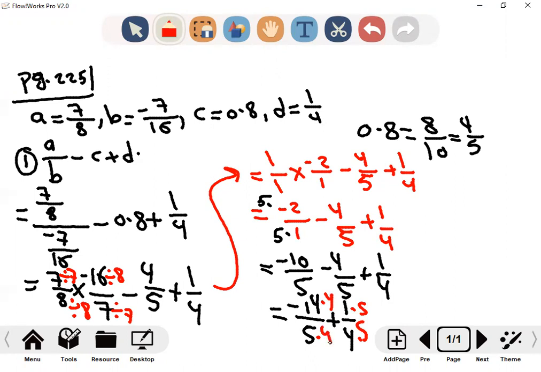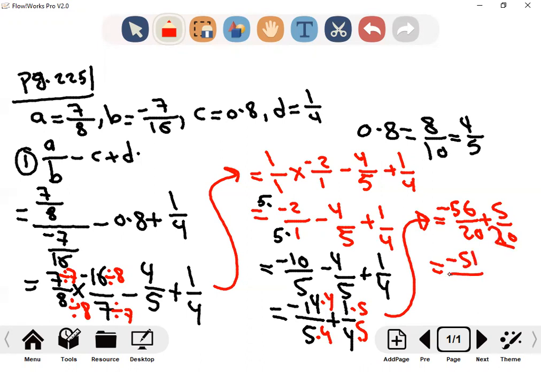Negative 56 over 20 plus 5 over 20 equals negative 51 over 20. In simplest form, negative 2 and 11 over 20.